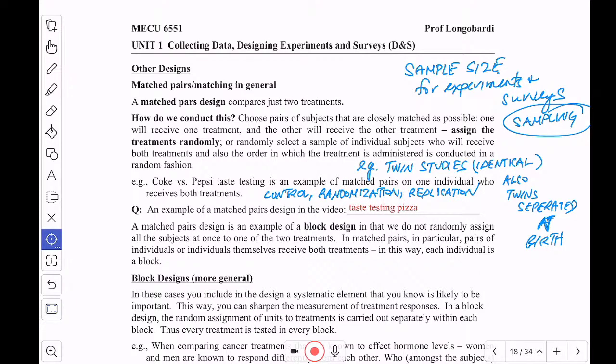The cans are previously sorted and marked as 1 and 2, like which one goes first and second, and it's done in such a way that the order, through flipping a coin between Pepsi and Coke going first, is randomized. So if it's done this way, the Pepsi versus Coke taste, or the Pepsi challenge, would be an experiment.